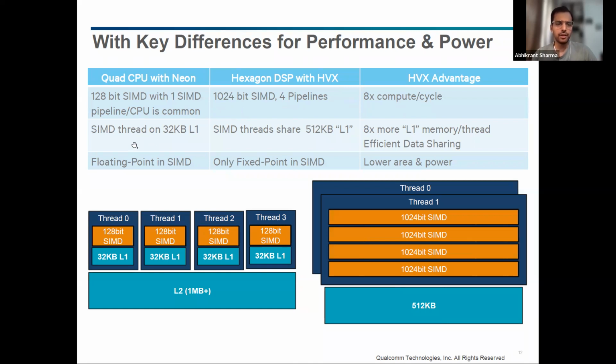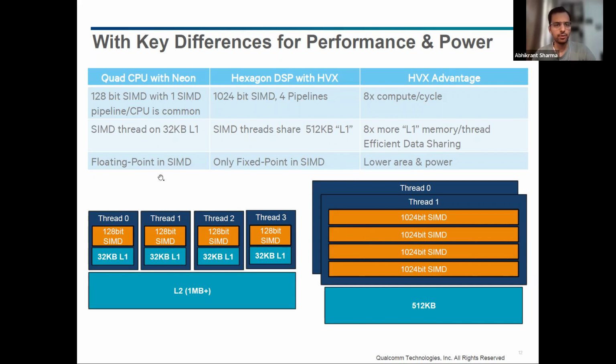The second thing to keep in mind is the L1 cache size is just 32 KB for Neon, whereas for HVX it's 512 KB. So again, 8 times more L1 cache is available for doing the scalar processing and even the vector processing. This is an advantage as well as a disadvantage.